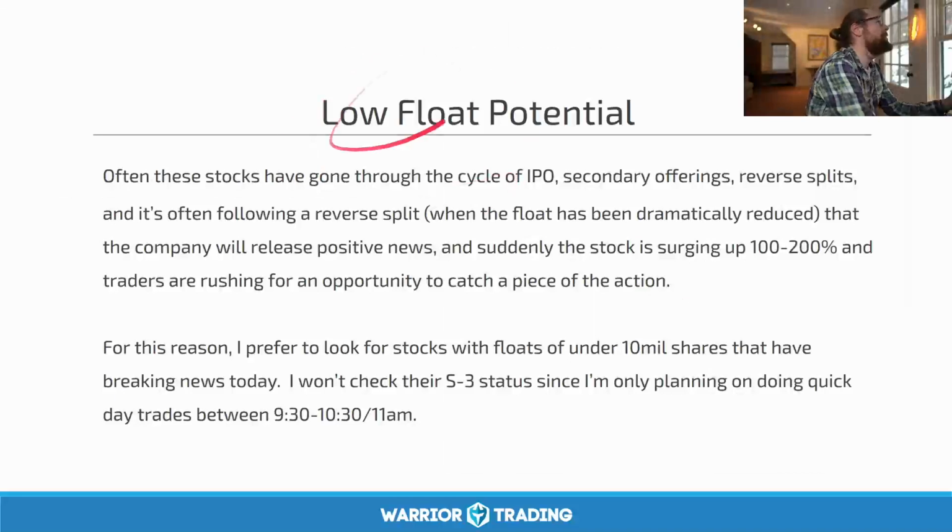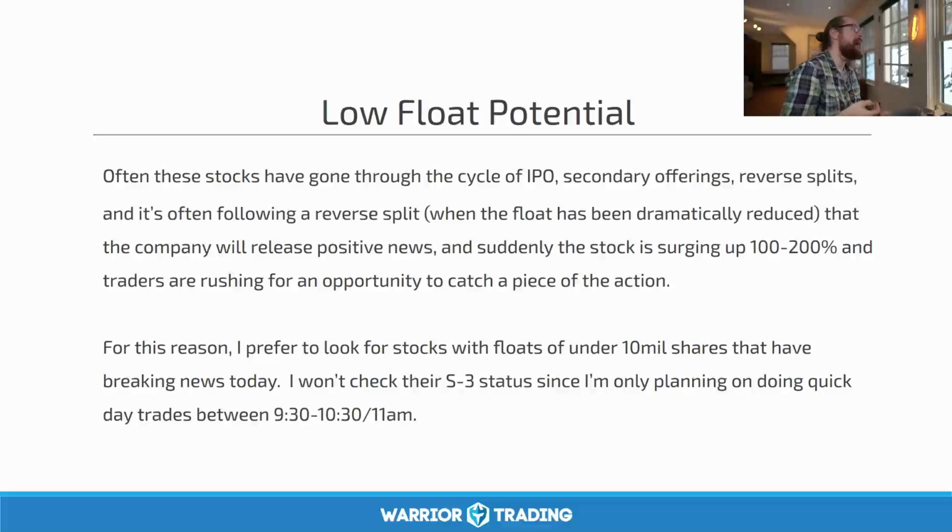So the low float potential. Often these stocks have gone through the cycle of the IPO, the secondary offering, the reverse split, and it's often following a reverse split, when the float has been dramatically reduced, that the company will release this positive news. And whether that's a strategy on their part, that they know positive news is coming out, so let's do the reverse split so people see that we're a $3 stock, not a 30-cent stock.